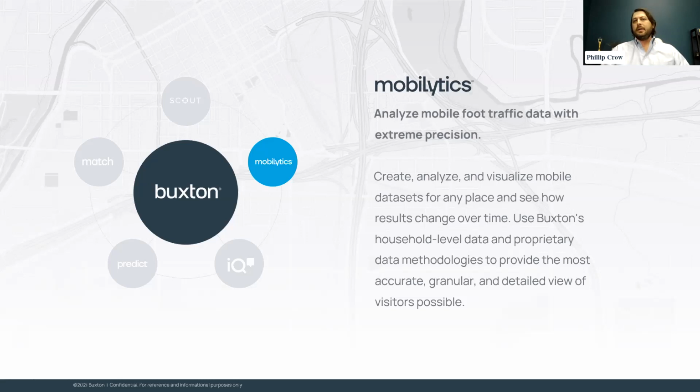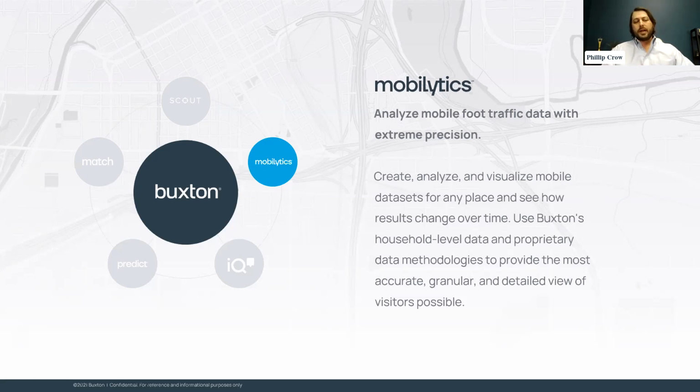So we're not taking block group level data and saying that all the mobile device signals that came from a particular block group have the same dimensions. We're differentiating at the individual household level. And we know through our experience how meaningful and how important that is to be able to accurately answer that who question.